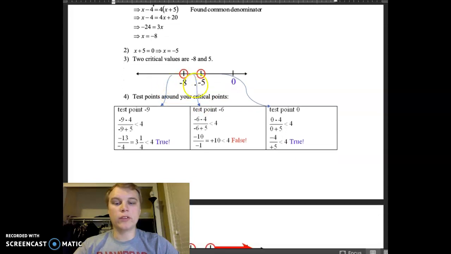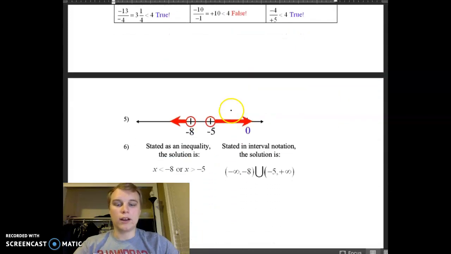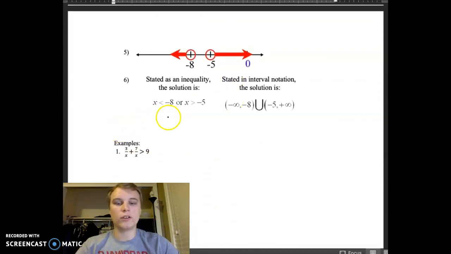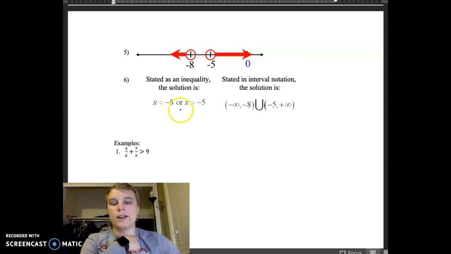And then you plot those on the number line, just like we've done. You pick points, and as we can see, it was true, false, true for less than, middle, and greater than. And so our answer is going to look like this. This is your set builder notation. So x is less than -8, or x is greater than -5. Or we have an interval notation here.